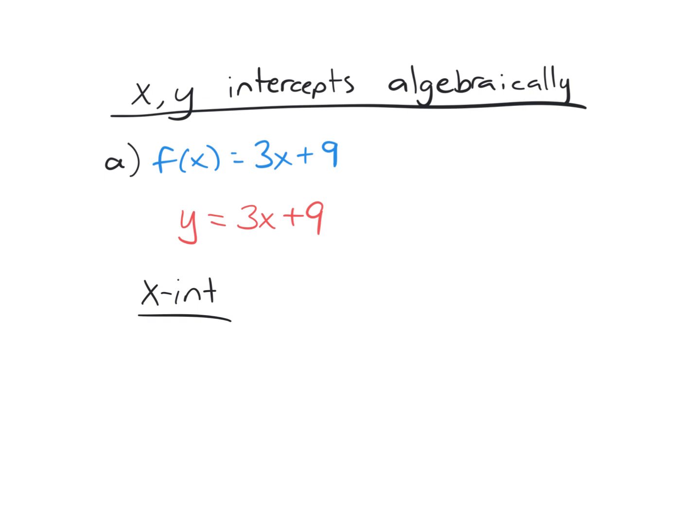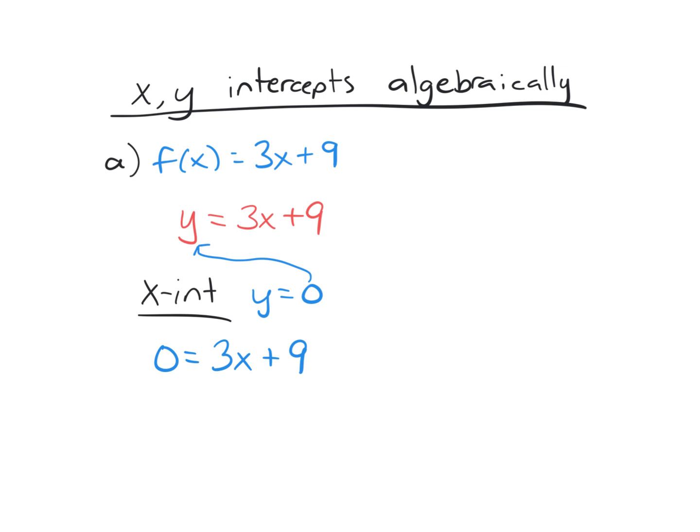What is the y? Y is 0, right? So if y is 0, I'm going to plug in 0 for y. So we have 0 equals 3x plus 9. And now all we have to do is just solve for x.